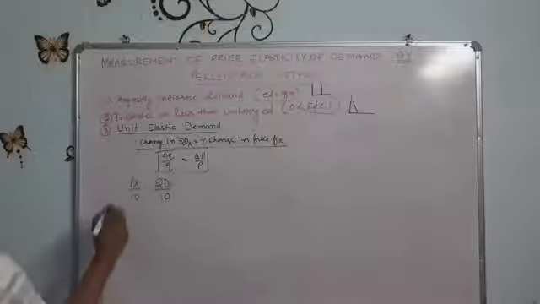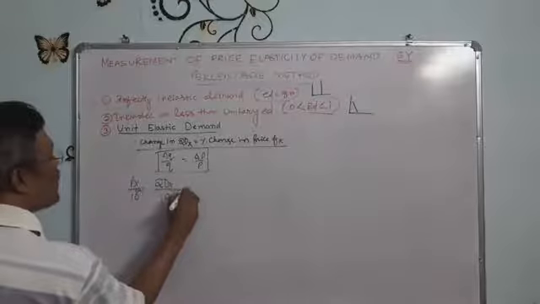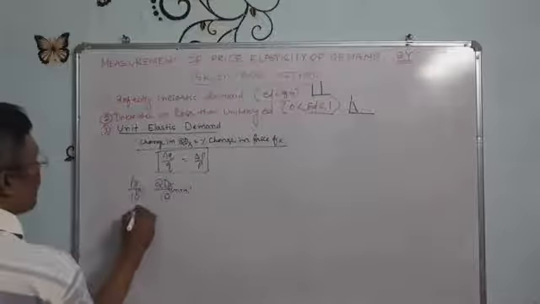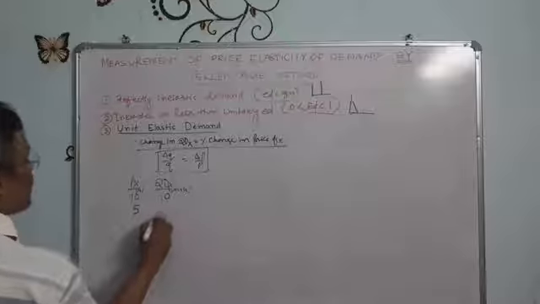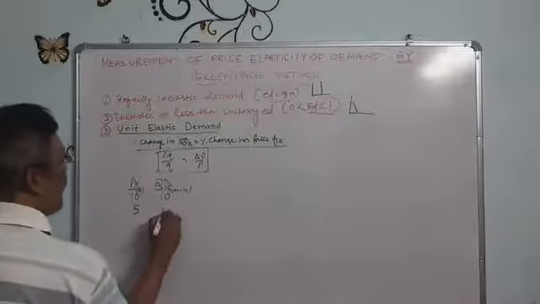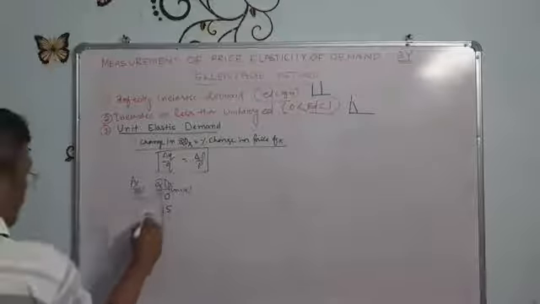Price of X goods is given in rupees and quantity in units. When the price decreases from 10 rupees to 5 rupees, the quantity demanded increases from 10 to 15 units. This is the demand schedule.